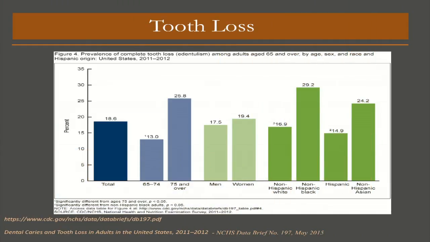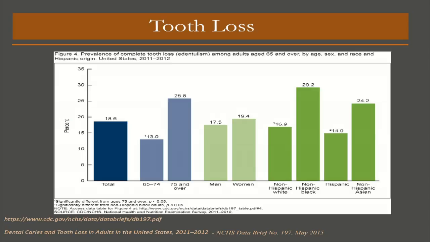In summary, this graph from the National Health and Nutrition Examination Survey reviews the trends of edentulism in the aging American population. While the majority of elderly above 65 are keeping their teeth, the rate of edentulism increases from 13% to 25.8% after the age of 75 specifically.